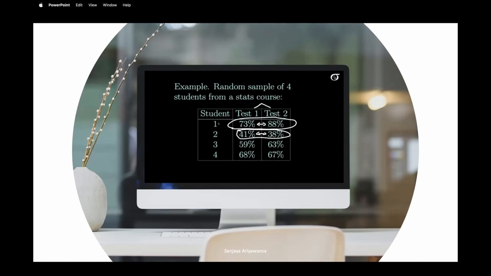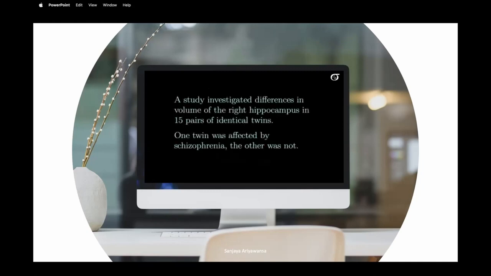Anytime there's 2 measurements on the same person or rock or car or what have you, that's kind of a dead giveaway that we don't have independent samples and that we shouldn't be analyzing things using a pooled variance t or a Welch's t. We do have other situations that are similar to this as well. So a study investigated differences in the volume of the right hippocampus, an area of the brain, in 15 pairs of identical twins, and one twin was affected by schizophrenia and the other was not.